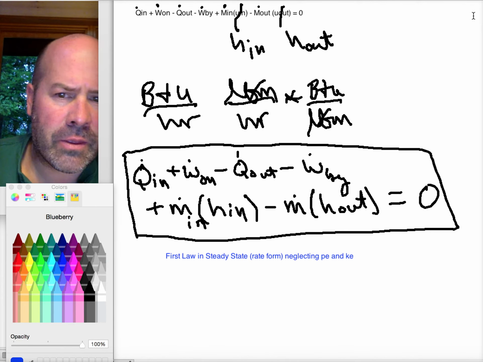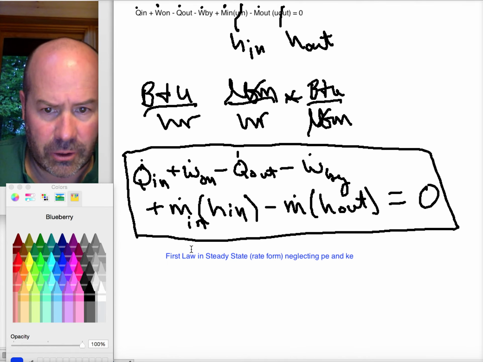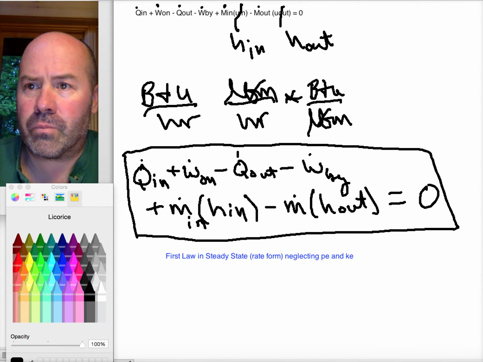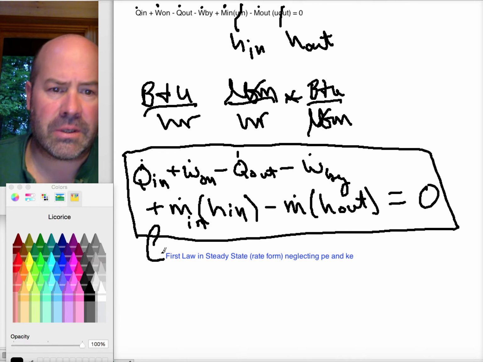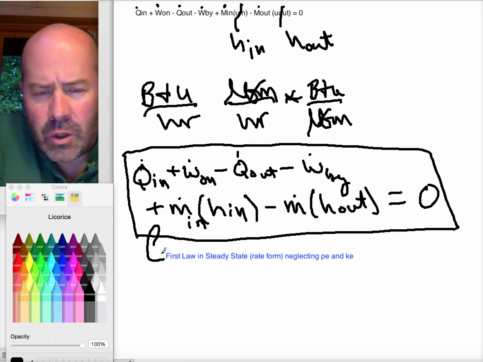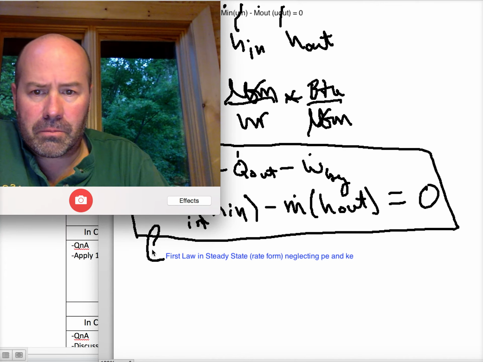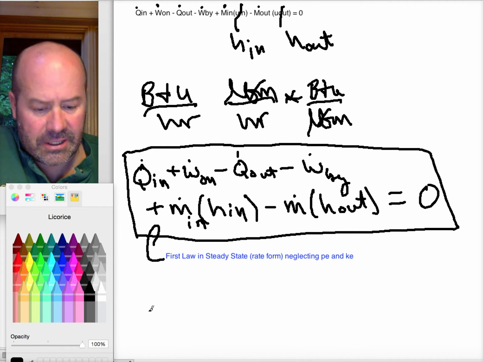All right, I've rewritten the equation, put in the enthalpies, and I've even given us a title here: the first law in steady state, neglecting potential and kinetic energy. So go ahead and write that down. We will use it a lot. We'll use it on almost every thermodynamic process, and that's the example I'm going to do here today. I'll give you a second to get it written down.